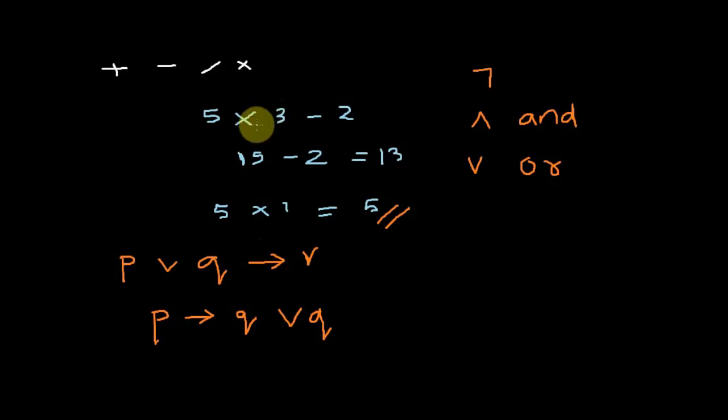Similarly, like multiplication must be done first and then the subtraction, you must do certain operations first in the simplification process, and then go for the next operator. So some operators come first. That is the subject of today's video. What we are going to do is list all the operators with their precedence.